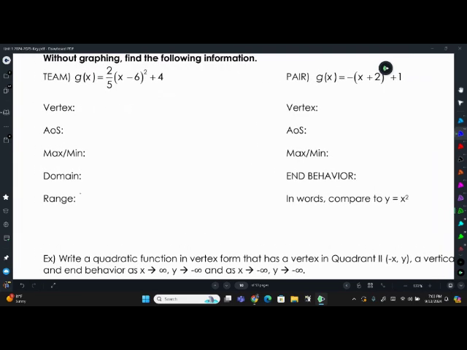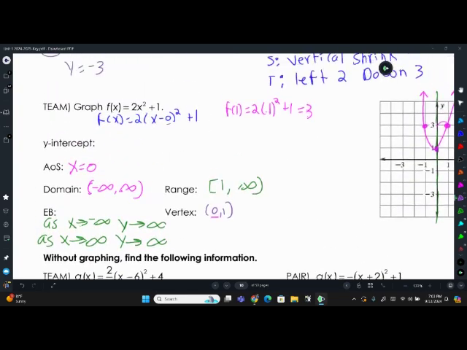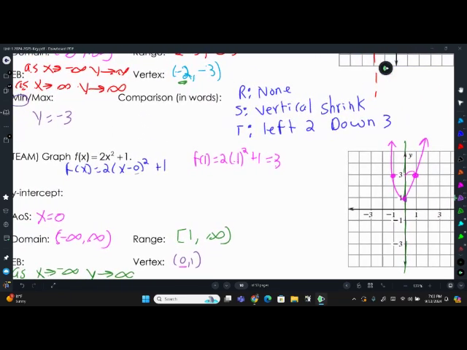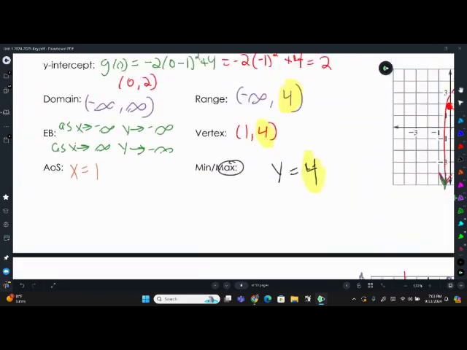So the vertex in this one, g of x equals 2/5 times (x minus 6) squared plus 4, will be (6, 4), which makes your axis of symmetry x equals 6. Because your a is positive, our graph opens upwards. Look at all of our opening up graphs: a is positive, a is positive.